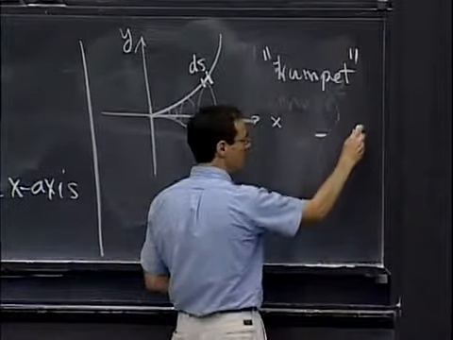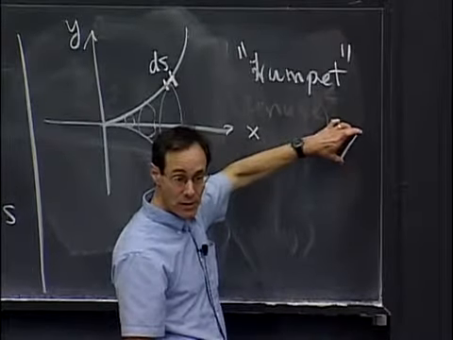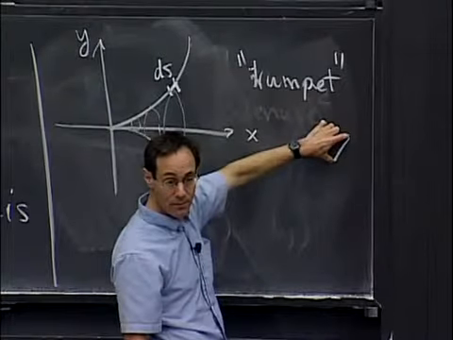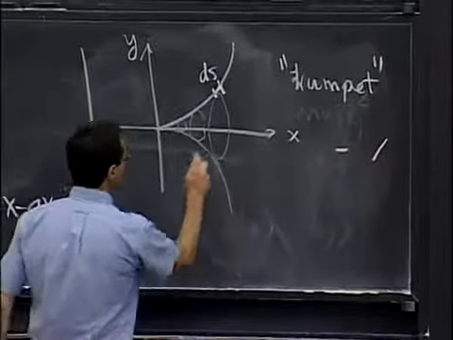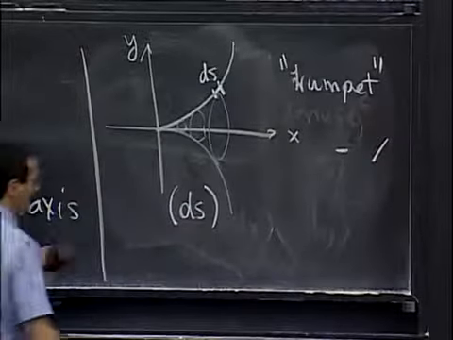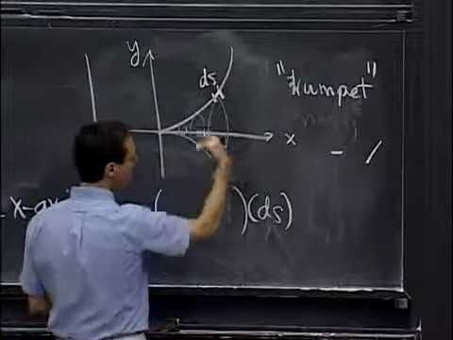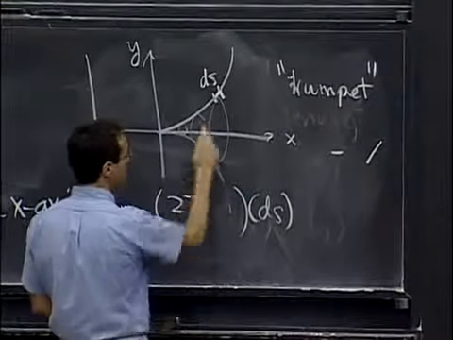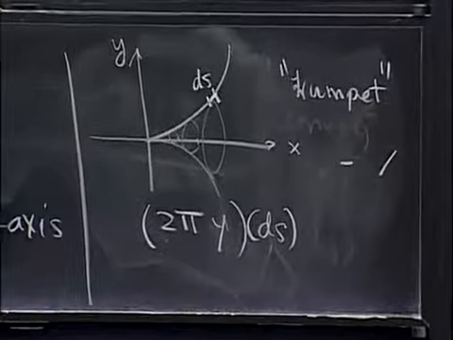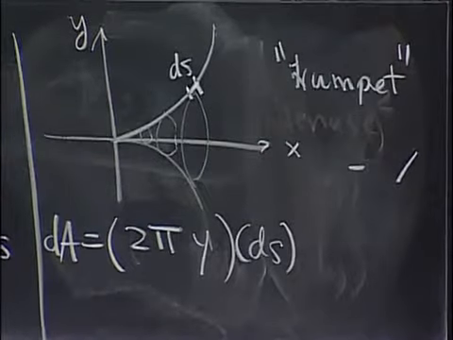But if it's tilted, then there's more surface area proportional to the amount that it's tilted. So it's proportional to the length of the segment that you spin around. So the total is going to be ds, that's one of the factors here. Maybe I'll write that second. That's one of the dimensions. And then the other dimension is the circumference, which is 2 pi, in this case, y. All right, so that's the end of the calculation. This is the area element of surface area.